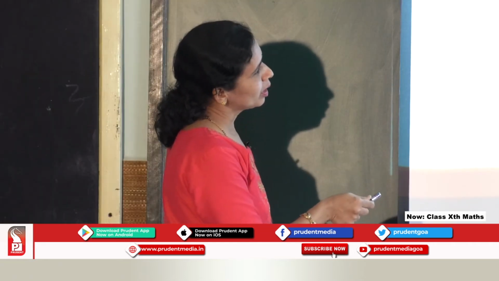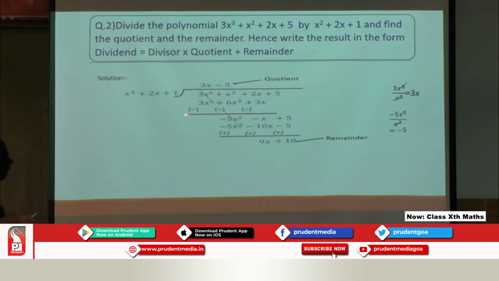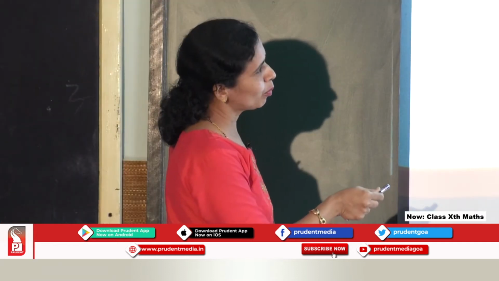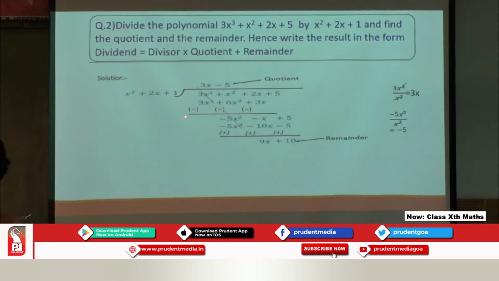Next we should subtract this, that means we should change the signs. So positive is changed to negative, again positive to negative, and positive to negative. The first term, positive 3x cube and negative 3x cube cancelled, 0 is the answer.